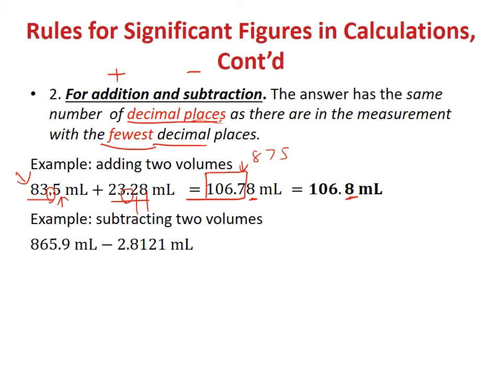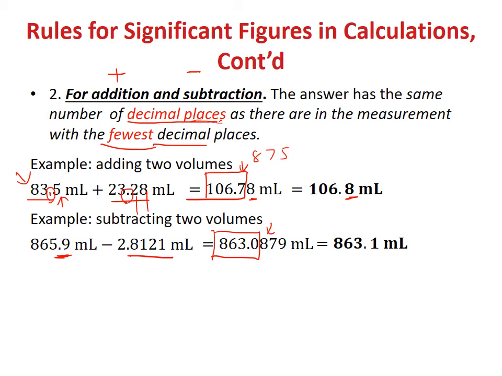Okay, next one, subtracting. Same rule. We calculate using the calculator, and this is the answer. Then we look at the decimal places: this has 1, and this has 4. Therefore you need to keep the fewest, which is 1. Again, because 8 is greater than 5, you add 1 to 0, and you get 863.1.